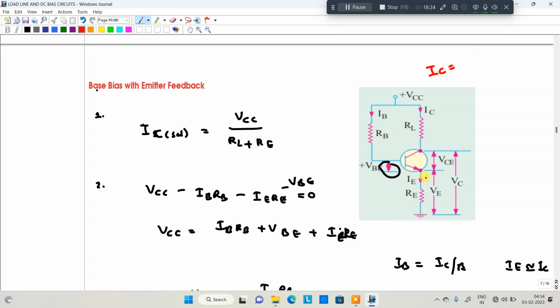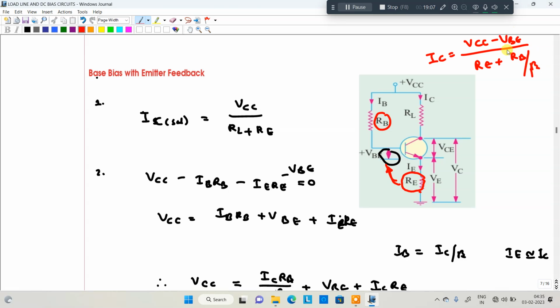IC is equal to VCC minus VBE divided by the base circuit RB plus, referred to the base side, RE multiplied by 1 plus beta, approximately beta into RE. Referred to the RE side, the total is RE plus RB divided by beta.